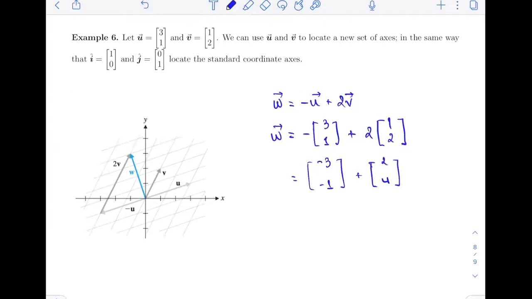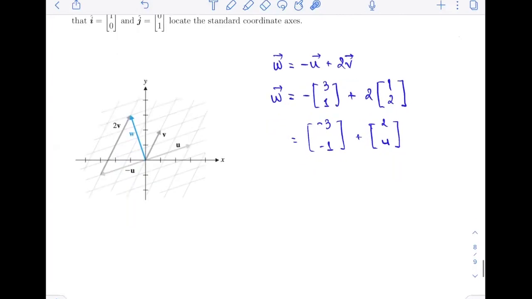When you do the distribution, the negative goes into the first component and also into the second component. Similarly, 2 multiplies the first component and the second component. Now w is equal to -3 plus 2 in the first component, and -1 plus 4 in the second component. So you have a new vector (-1, 3).